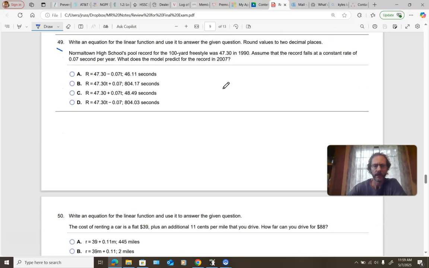Okay, number 49. Now we'd be getting into chapter 9, okay, sections 9a and 9b. It says, write an equation for the linear function and use it to answer the given question. Round values to 2 decimal places.